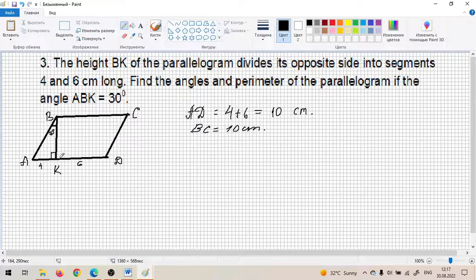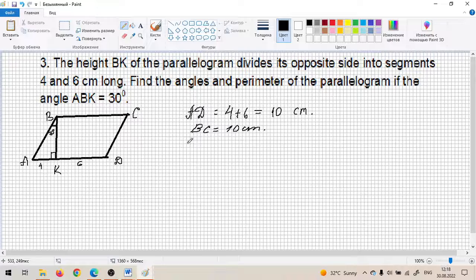This segment is perpendicular, it's the height of a parallelogram, so this triangle is right. This angle has 30 degrees. The leg opposite the 30-degree angle is half the hypotenuse. So the hypotenuse is 8 centimeters long.